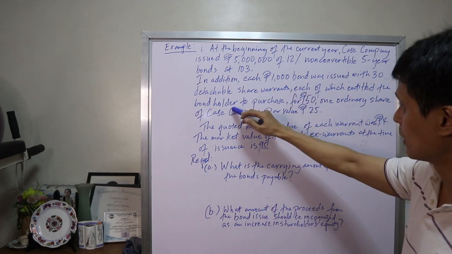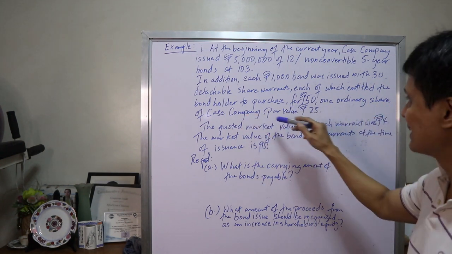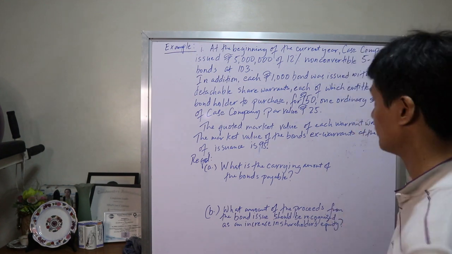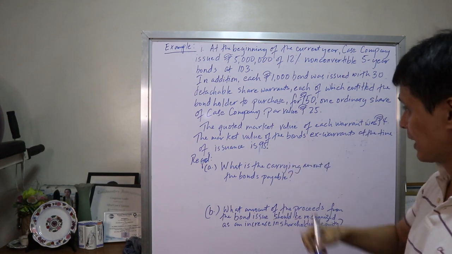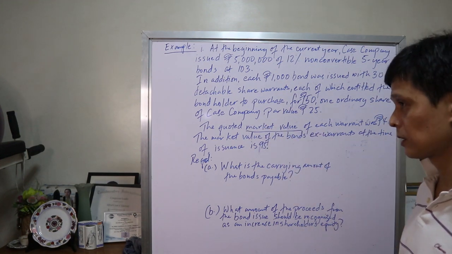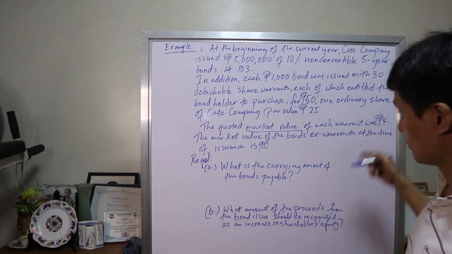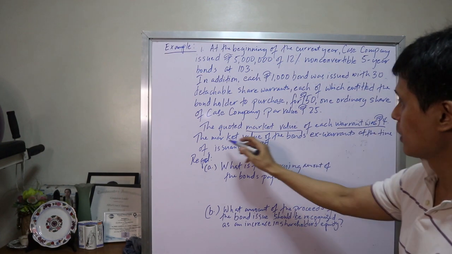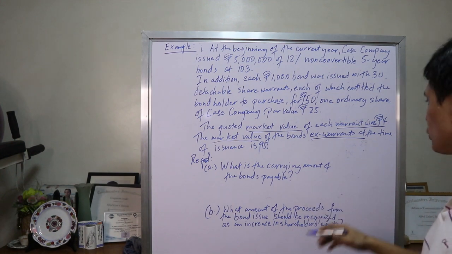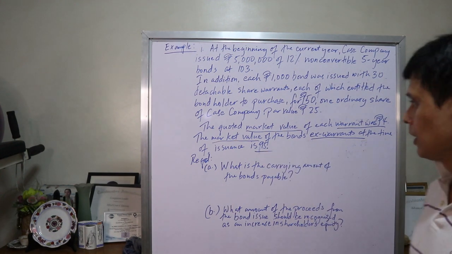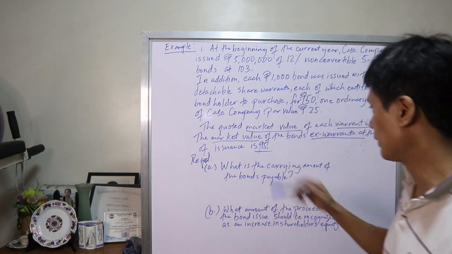Each of which entitled the bondholder to purchase for 50 pesos one ordinary share of Case Company with a par value of 25. The quoted market value of each warrant was 4. And market value of the bonds, ex warrants, so excluding the warrants at the time, is 95. So this must be the market value of the liability, 95.